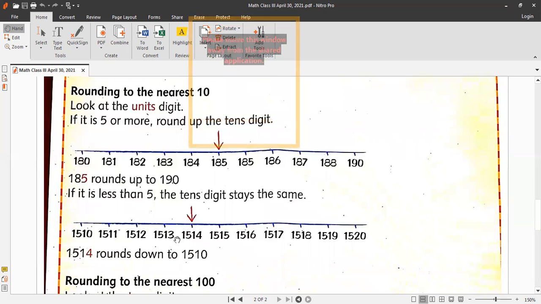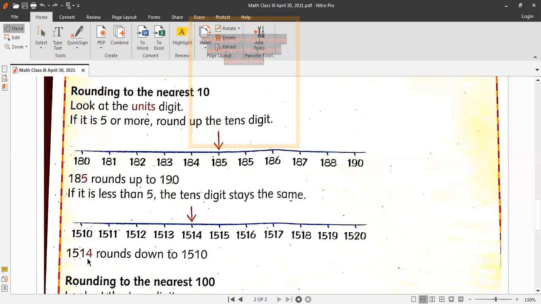Now the next example is if it is less than 5, then the tens digit stays the same. Now you can see I have the value 1514. When we round to the nearest 10, we look at our unit, that is 4, and it is less than 5, so I round down to 1510.